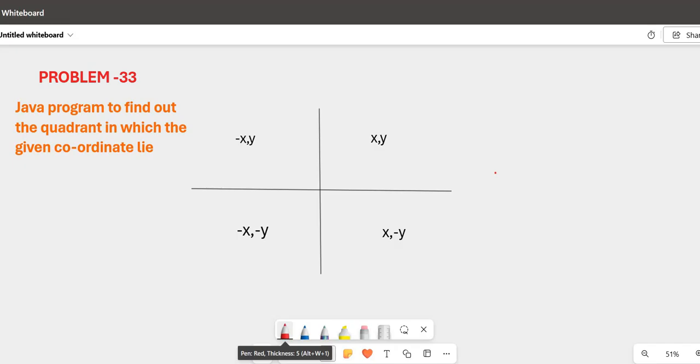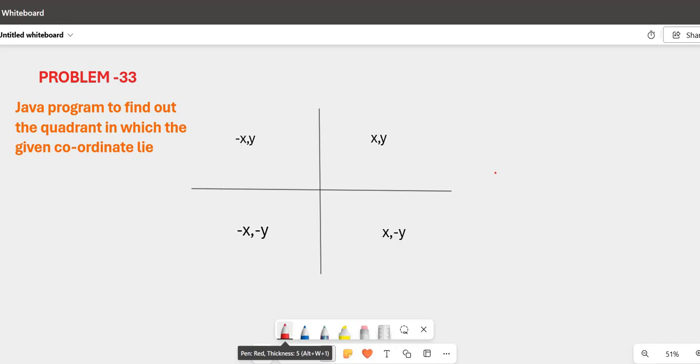If we have to check in which quadrant a coordinate is lying, we have to focus on the sign convention: whether the x value has a positive or negative sign, and whether the y value has a positive or negative sign.